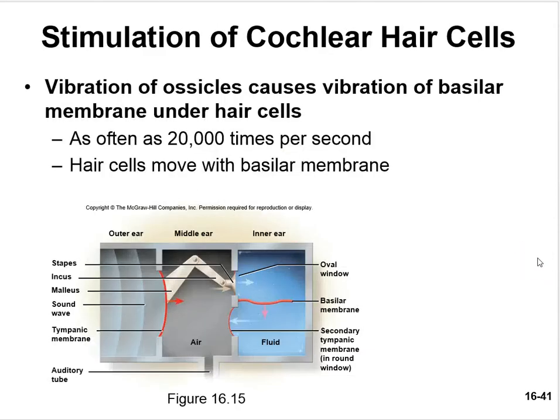So, the vibration of the ossicles, that's the inner ear bones, causes the vibration of the basilar membrane under the hair cells, as often as 20,000 times per second. And then those hair cells will move with that bottom membrane.